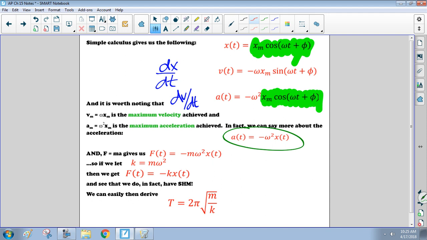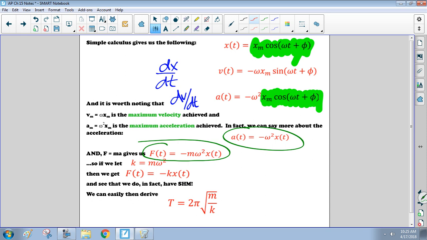Right? This shows us that if my acceleration is proportional to my displacement, then so is my force. Oh, wait a minute. If I multiply both sides of this by m, then I get this equation. So F equals something times x.